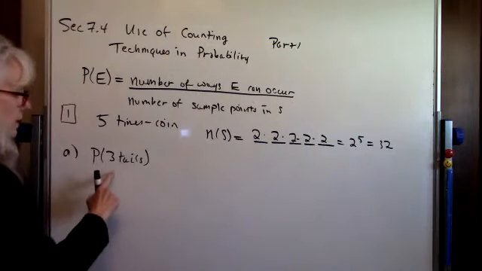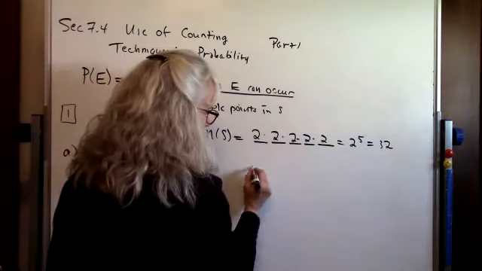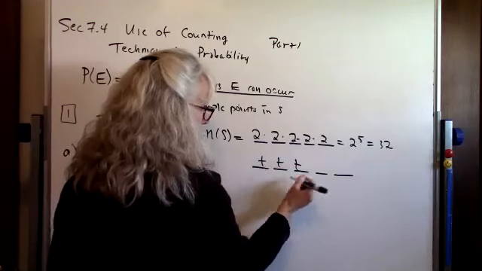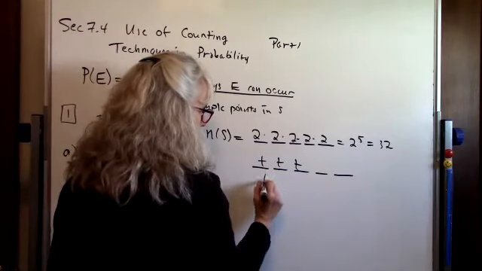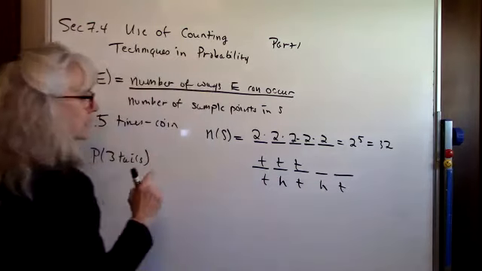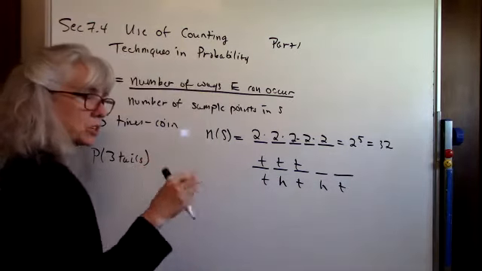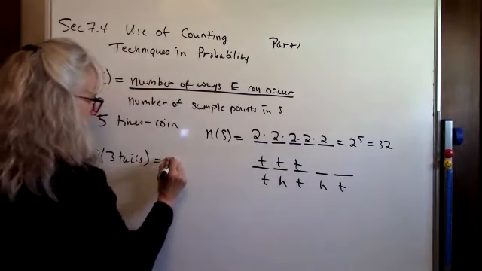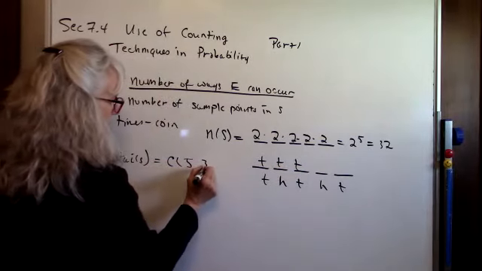We want to know specifically 3 tails. Now, what we're really asking is, amongst those 5 tosses, I could have the tails in these spots. I could have it in this spot, not this spot, not this spot, but this spot. So what we're really asking is the number of ways we can arrange a T amongst those 5 spots. So that's the combination of 5 choose 3.